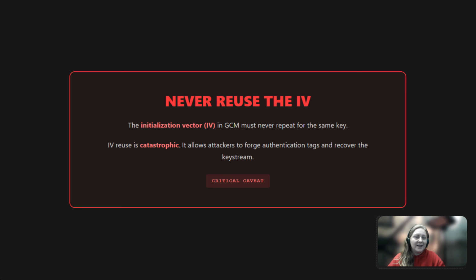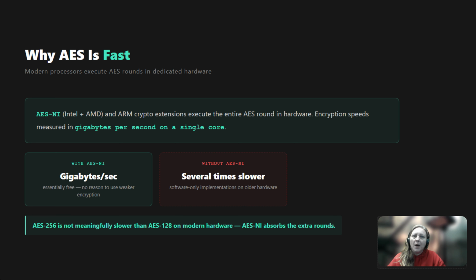So let's talk about why AES is fast. Modern Intel and AMD processors include dedicated AES instructions called AES-NI. ARM processors have equivalent crypto extensions. These instructions execute the entire AES round in hardware. The result is encryption speeds measured in gigabytes per second on a single core.